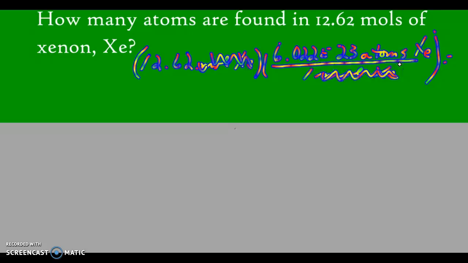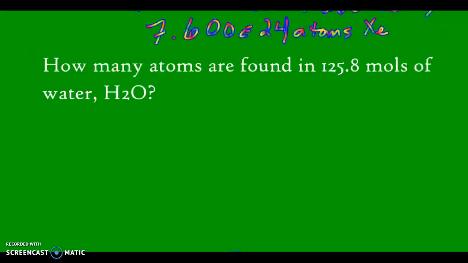And I end up with the number of 7.600 times 10 to the 24th atoms of xenon. A little bit of a rounding thing in there, but that's okay. We'll work more on that. So 7.600 times 10 to the 24th atoms of xenon.